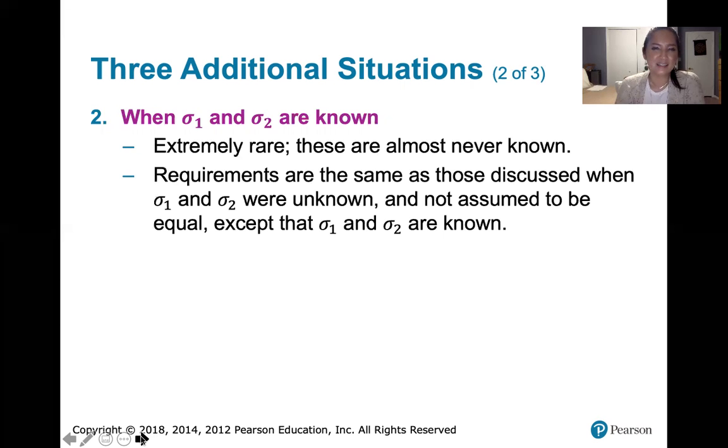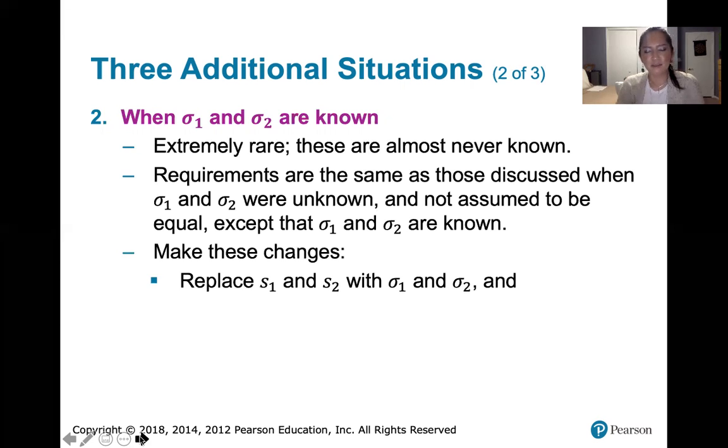In this case, the requirements are exactly the same as before, except this time we're actually allowed to know the population standard deviations. In that case, you're just going to replace the sample standard deviations S sub 1 and S sub 2 with the population standard deviations sigma sub 1 and sigma sub 2.